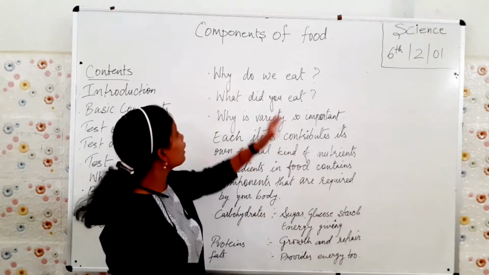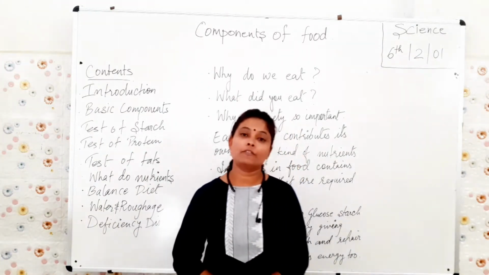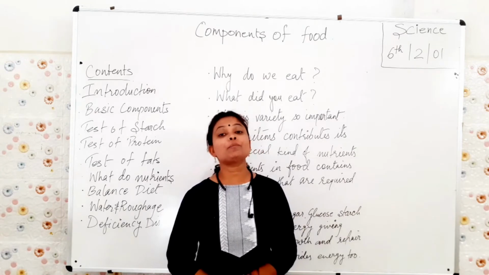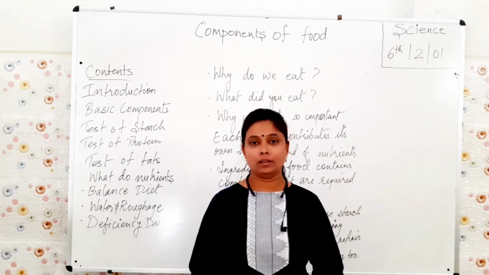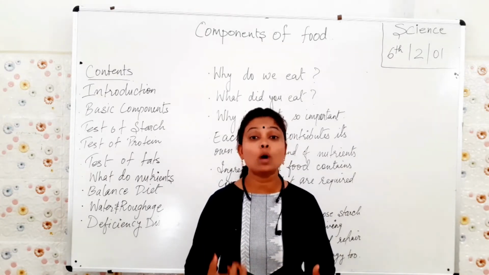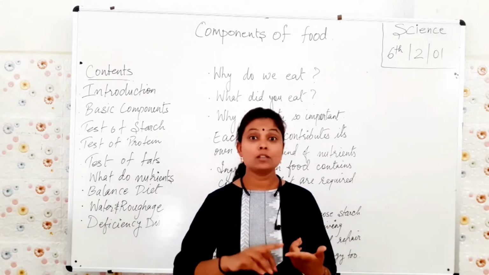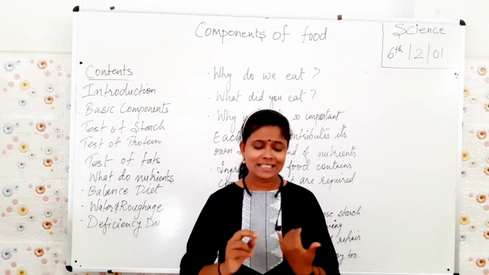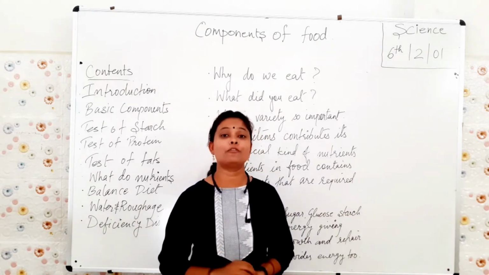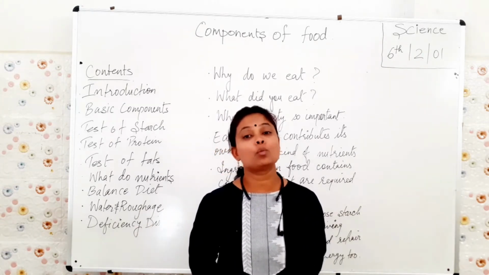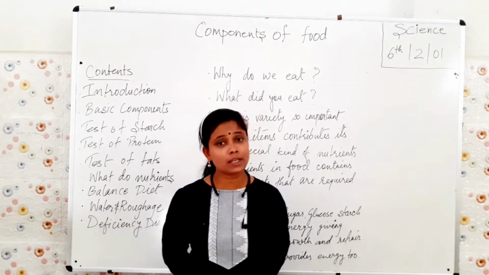Now let's see. Why do we eat? Very first question comes there. Why do we eat? The eating process should be done for getting energy. We need energy to work, play, jump, write, read, watch movies. To perform all these activities, we need to have energy. Now from where do we get that energy?